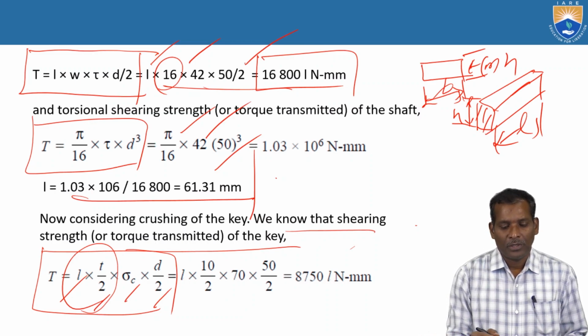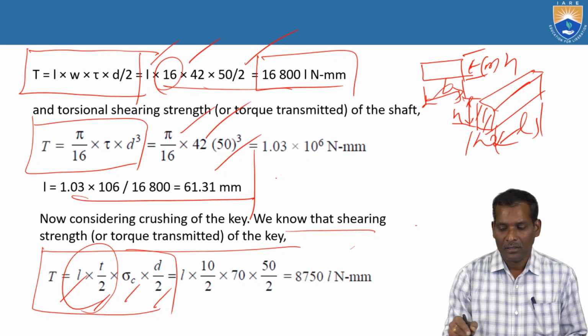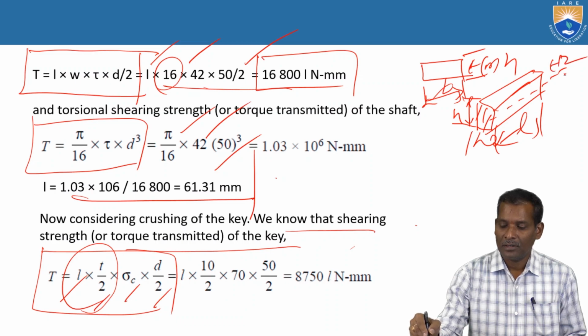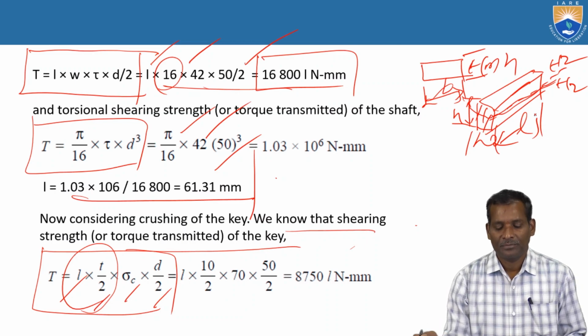In the previous case, the shear area is L into w. But in this crushing case, L multiplies with the thickness, which is t by 2. So in this you need to calculate the crushing area.